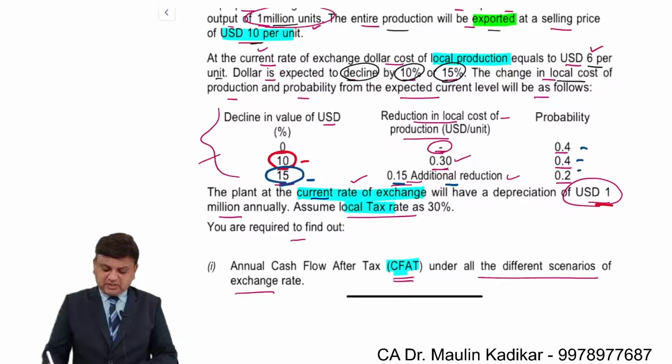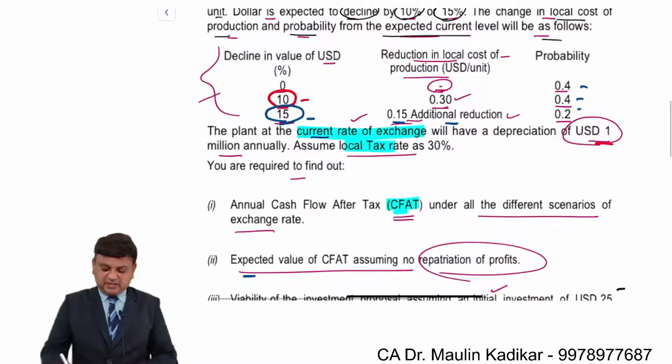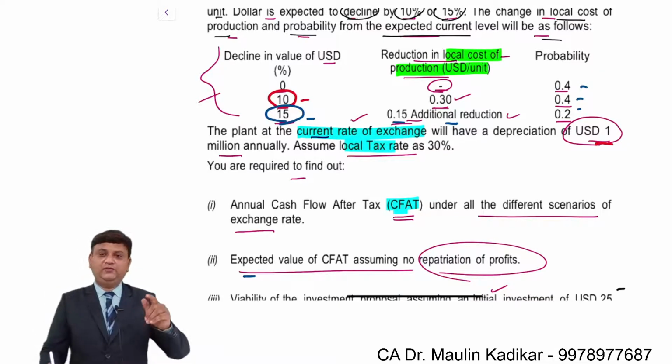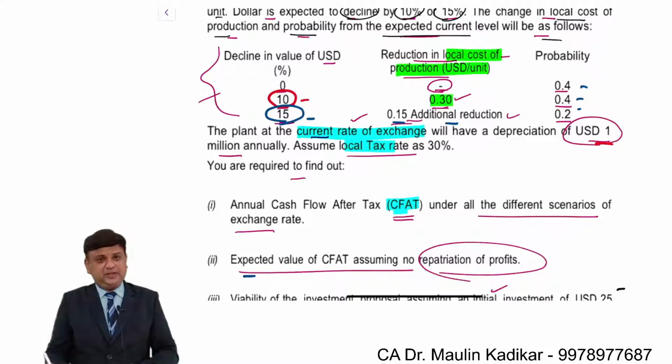The change in the local cost of production and the probability are as under. So they have provided that the reduction in the local cost of production. We will be able to have a lower cost of production. It may reduce by $0.3, it may reduce by $0.45.